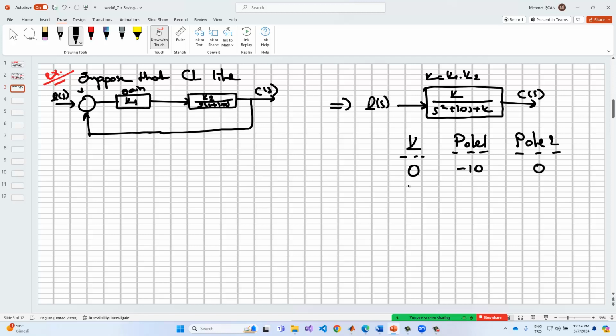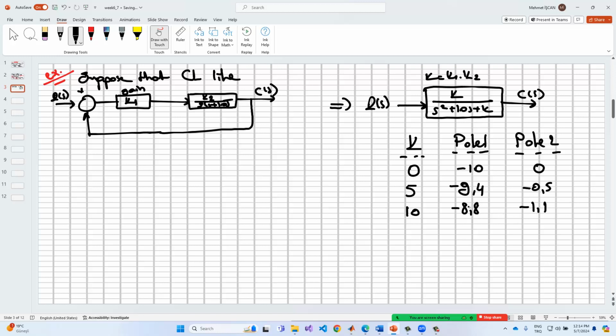If we choose K equal to 5, then we can get minus 9.4 and minus 0.5. Okay, and also we can change K to equal 10, and so minus 8.8 and minus 1.1. These are the roots coming from the what?